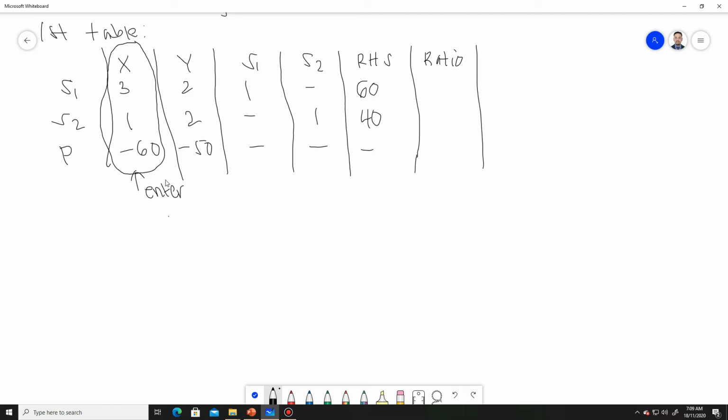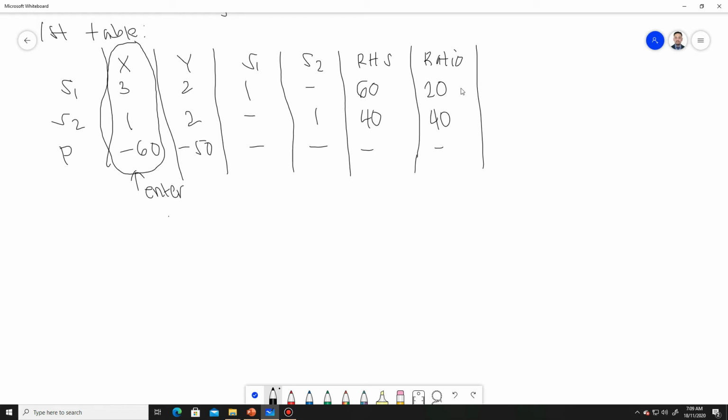Next is the leaving variable. To find the leaving variable, we compute the ratio. The formula for the ratio is the right-hand side divided by the variables in the entering column. So, here, in S sub 1, we have 60 divided by 3, which is 20. Here in S sub 2, 40 divided by 1 is 40.